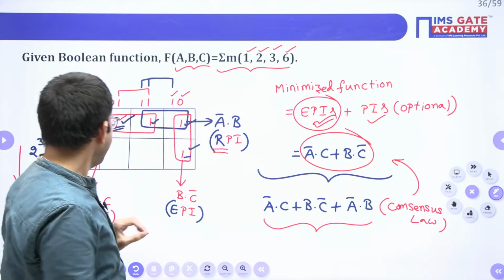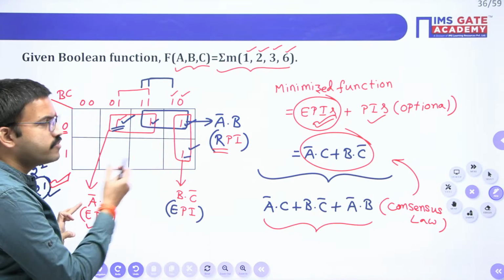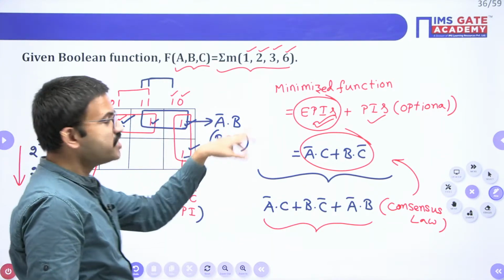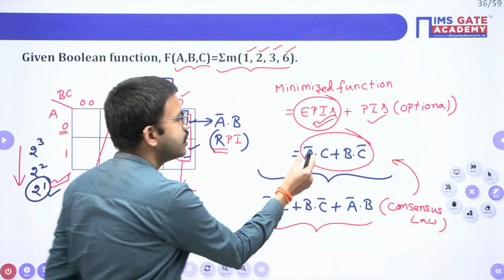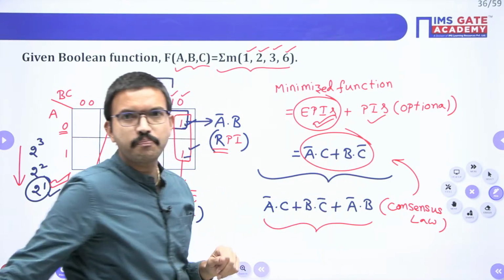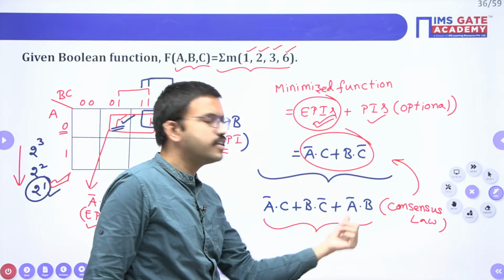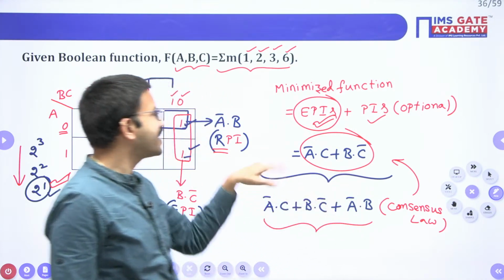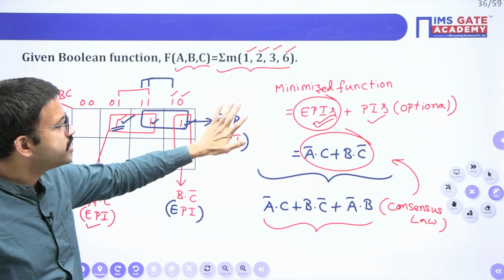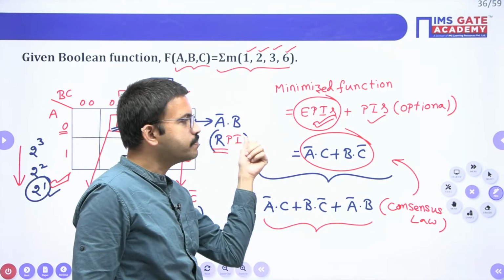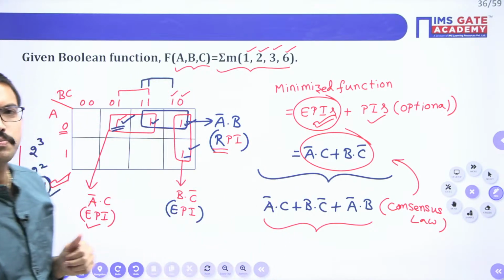Regarding A bar, we obviously require a NOT gate, but we don't require one more 2 input AND gate. Only 2 input AND gates are sufficient. When you are able to implement a function with 2 AND gates, why unnecessarily one more AND gate? That is called redundant. Even in the absence of it, if you are able to get the same function, then that particular term is nothing but a redundant term. Okay, I hope it is clear.